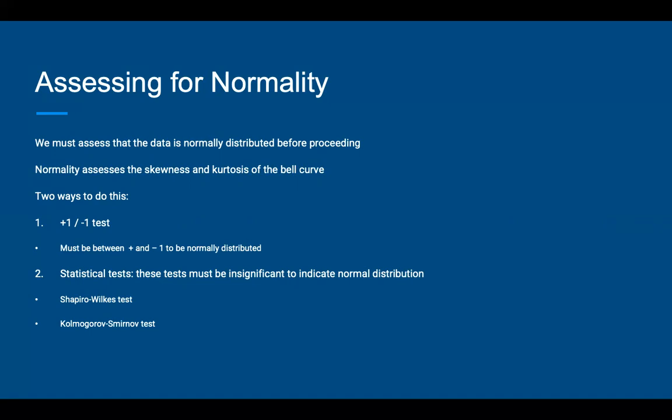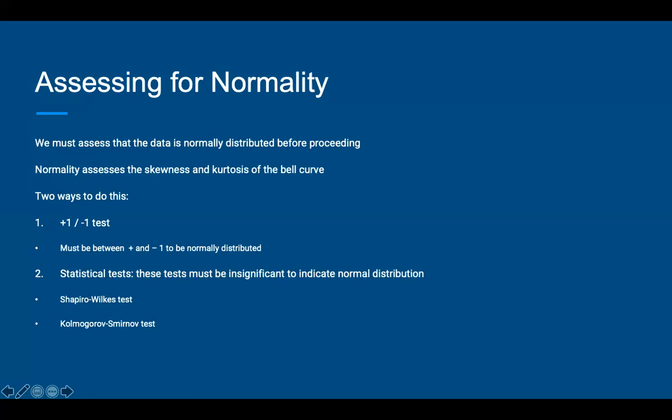So data has to be normalized before we can move forward, because if it's not, that could really skew your results when you run statistics. Now, there are different ways that you can assess for normality. When you hand calculate the skewness and kurtosis of a distribution, a data set, it will give you a number.